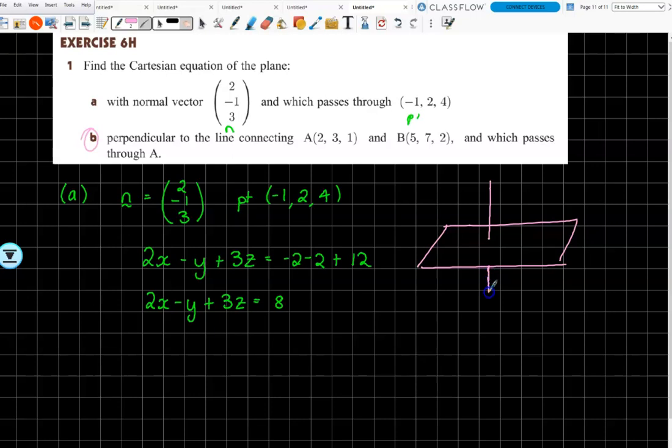A is actually here, B is here. This is the perpendicular. So A is my point. Find AB, which will be your perpendicular or your normal. Bang, sub, done. Does that make sense?